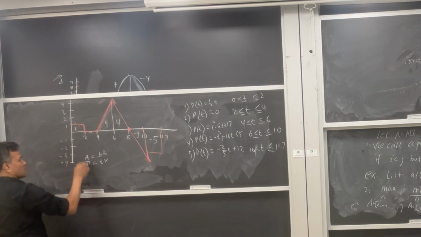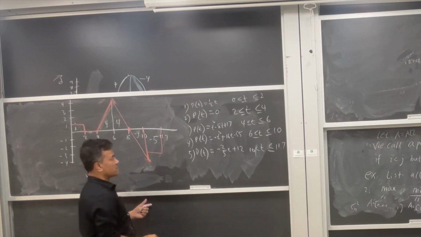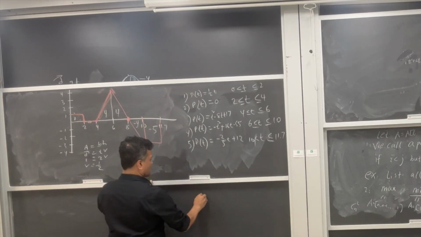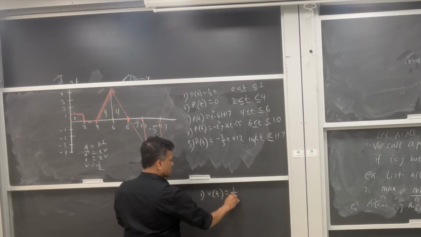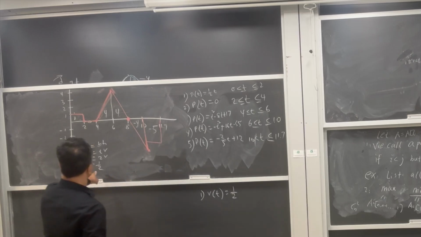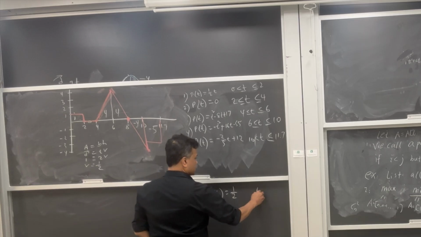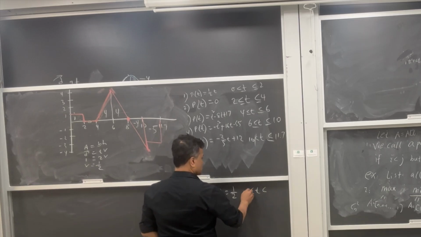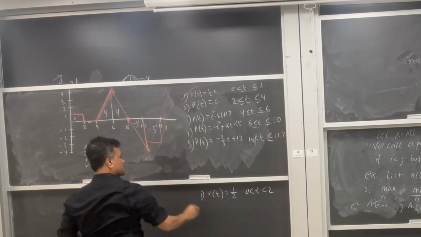D is 1, t is time, so velocity is half. So V of t, the first one we found: V of t is equal to half. Just half. And t is between 0 and 2. Okay. Check. From pt to vt.